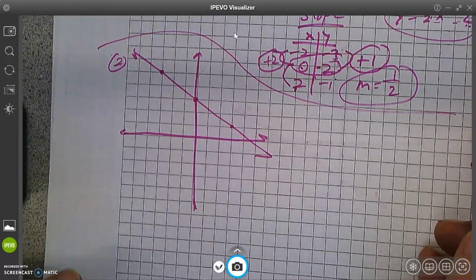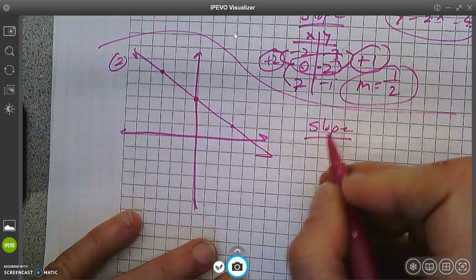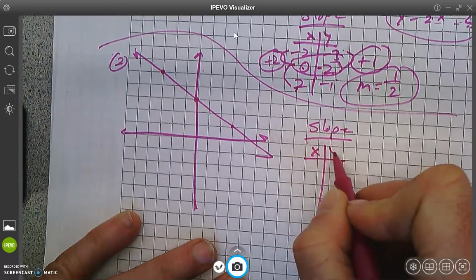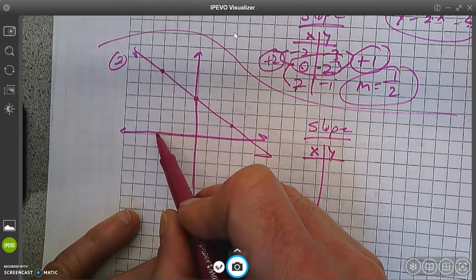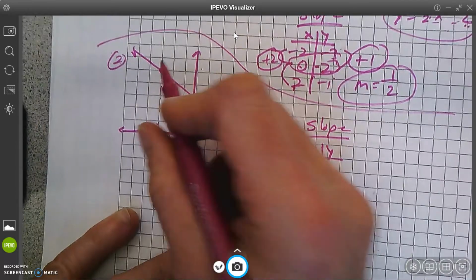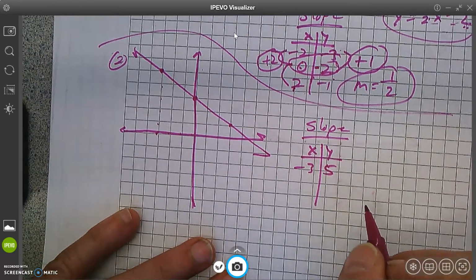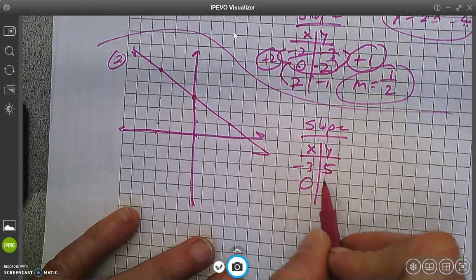Here it is. Okay. So first thing, we need the slope. We need the m. So I need 2 points. So let's go with this one. This is negative 3, 5. This is 0, 3.